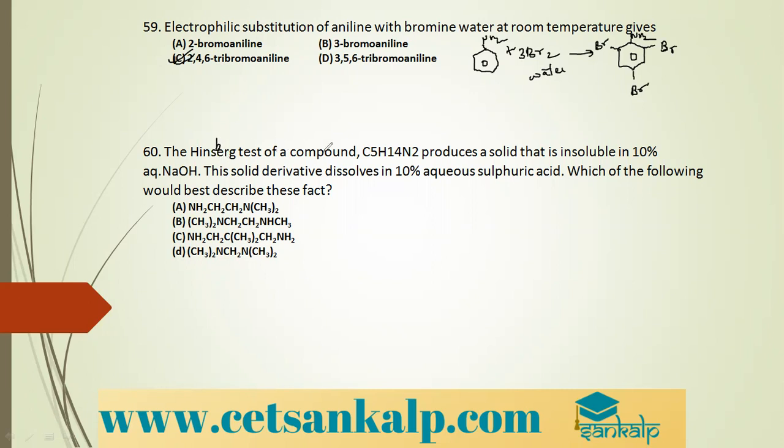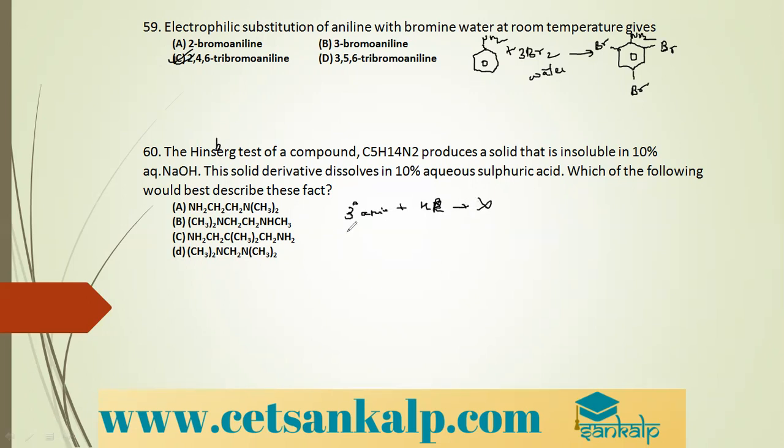Next, the Hinsberg test of a compound C5H14N2 produces a solid salt that is insoluble in 10% NaOH. This solid derivative dissolves in 10% aqueous sulfuric acid. Which of the following would best describe these facts? See, tertiary amines do not react with Hinsberg's reagent, no reaction.